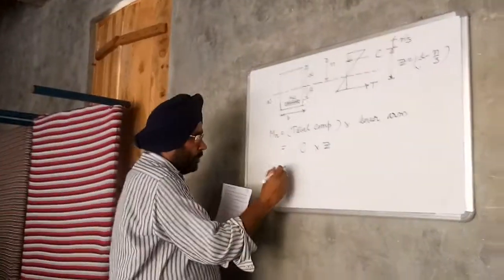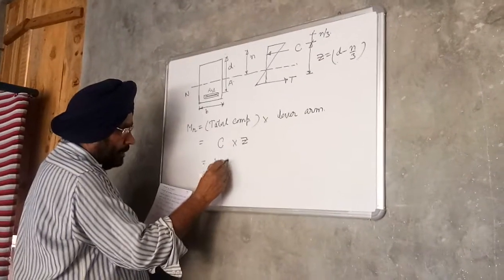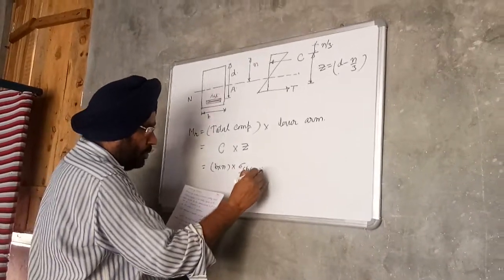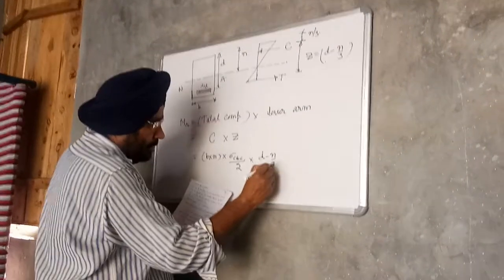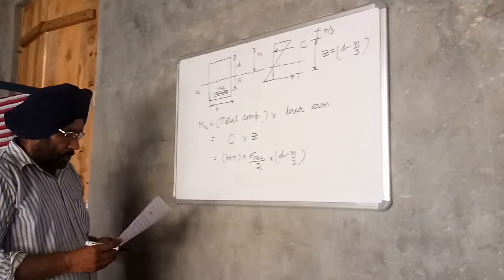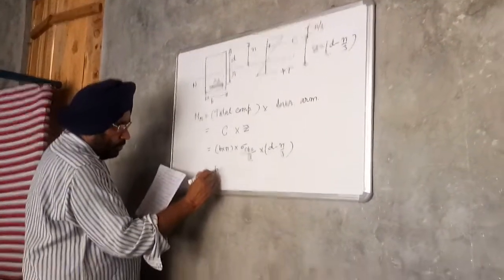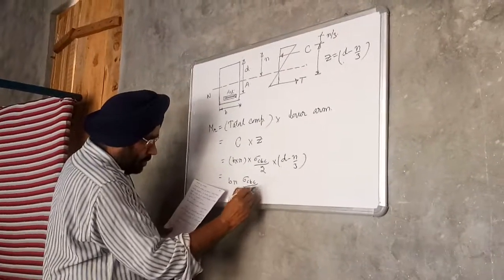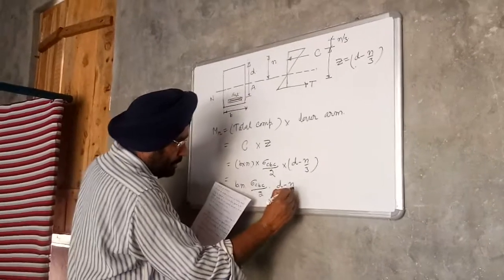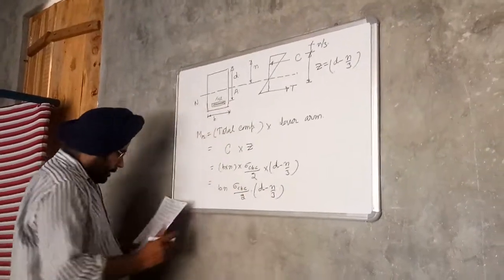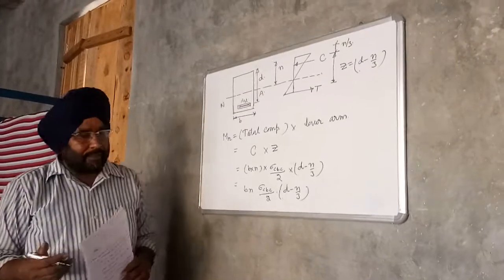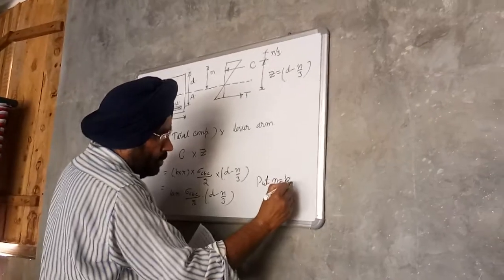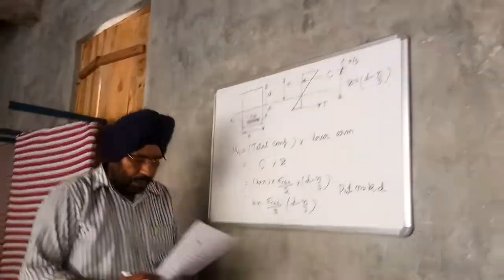So total compression is equal to capital C and lever arm is Z. So this is equal to b into n into sigma cbc by 2 into d minus n by 3. So then put n is equal to kd in this equation, where k is the neutral axis factor.